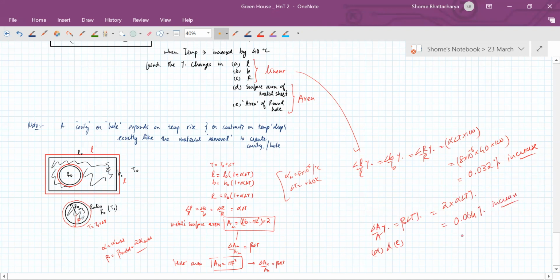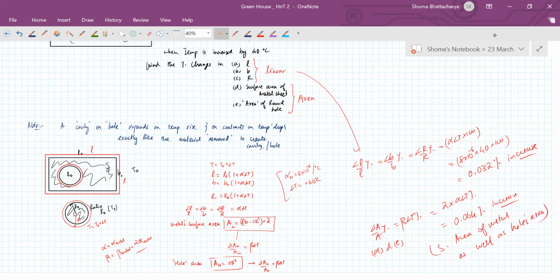So the surface area of the metal as well as the holes area. Yes, that's correct.